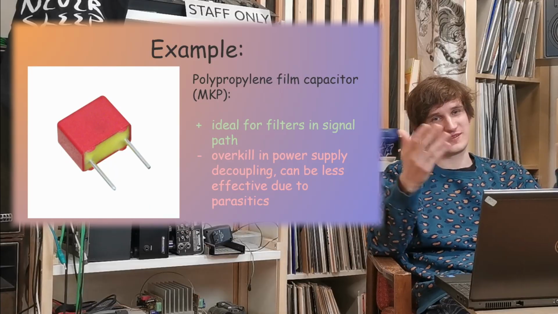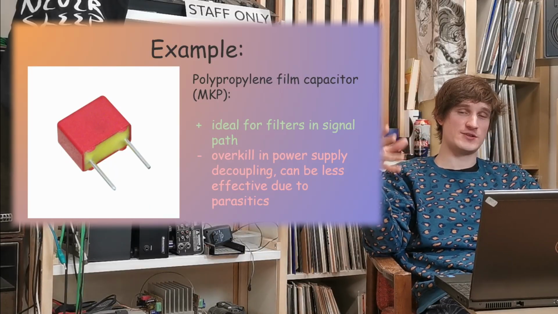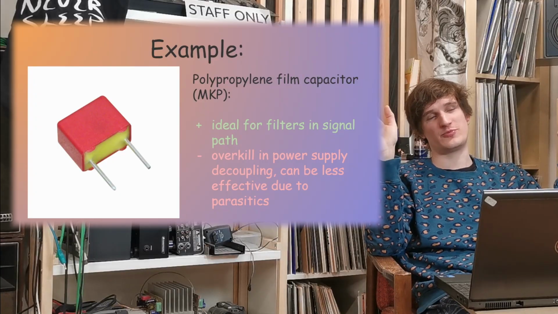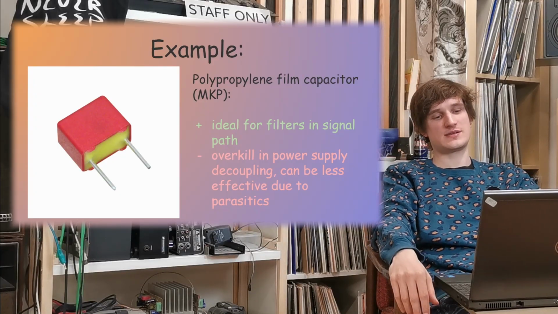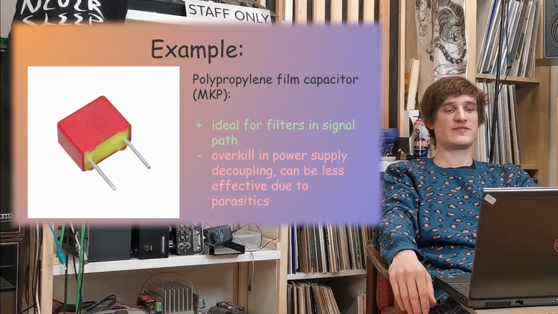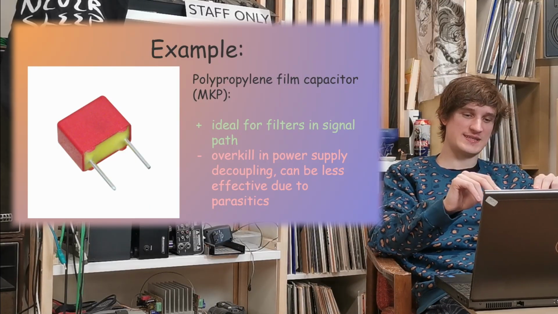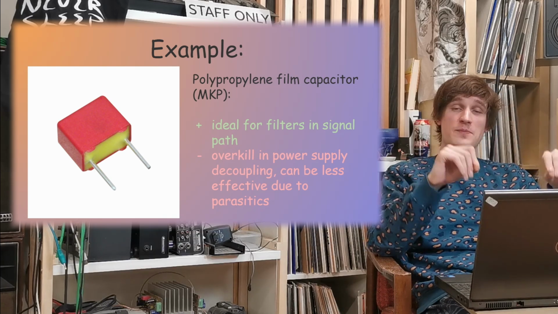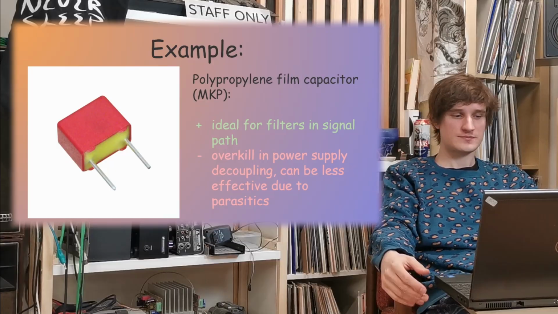Or maybe you do, but when making low distortion gear, you want to use polypropylene film capacitors. But on the other hand, placing these capacitors as decoupling in a power supply is just overkill.